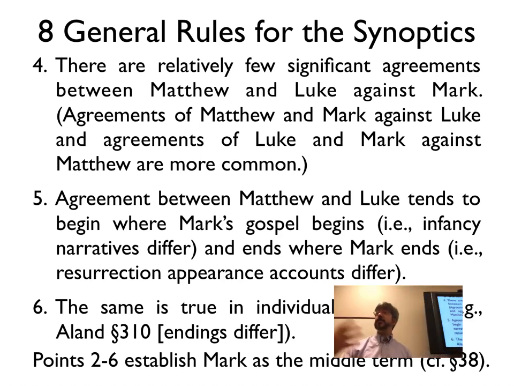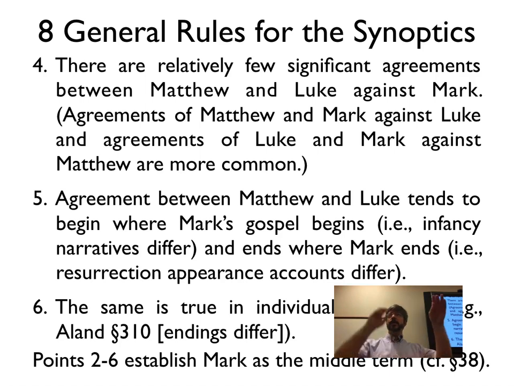But you're absolutely right. Part of the reason why it's hard to tease all this out is because you have passages that suggest different things. Mark's not always seeming to be the middle term. There are passages where Matthew seems to be the middle term. And so the truth is, how all of this got worked out is probably a lot more complicated than you can represent in a simple little model like Mark was first, Matthew used Mark, and Luke used both.